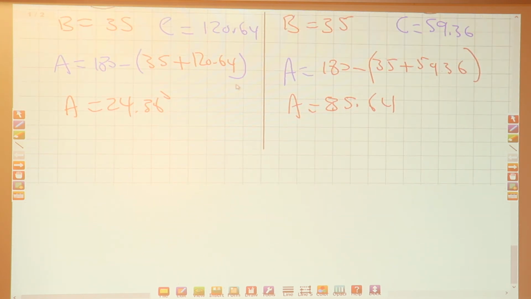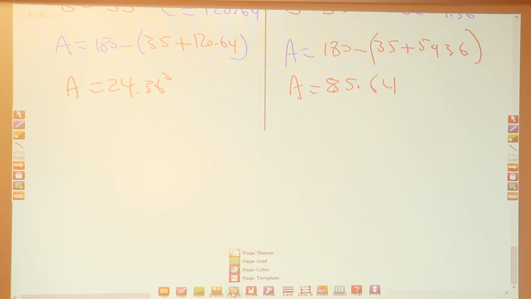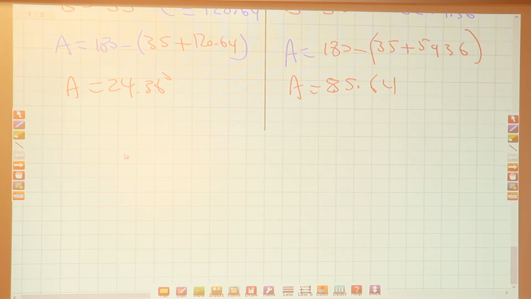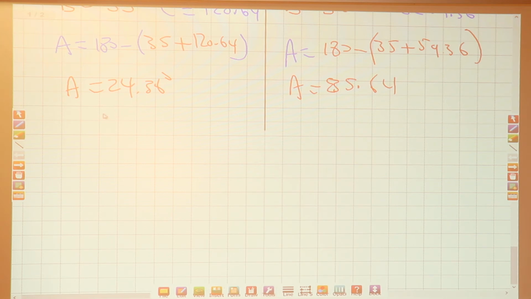Let me show you how I'm going to graph. Almost done, guys. The first triangle, I'm going to graph. This is an acute triangle.